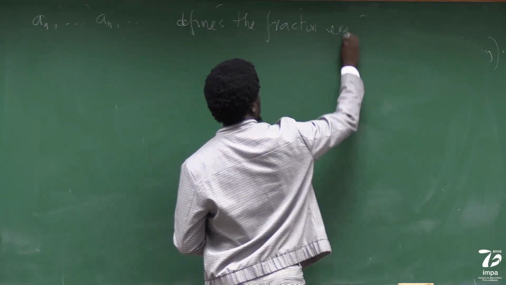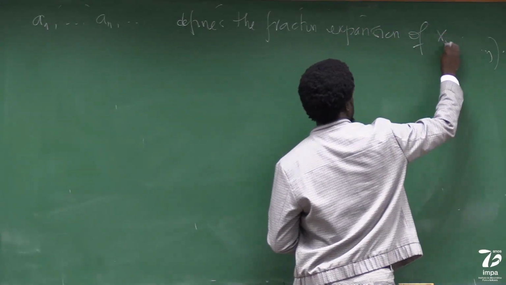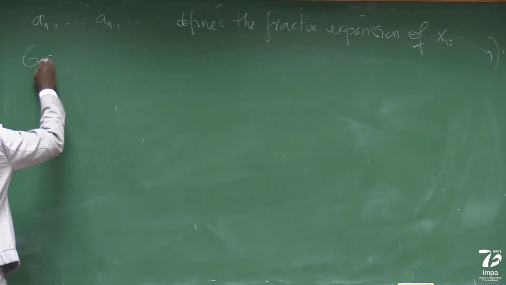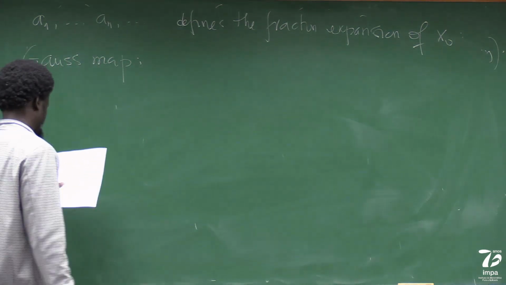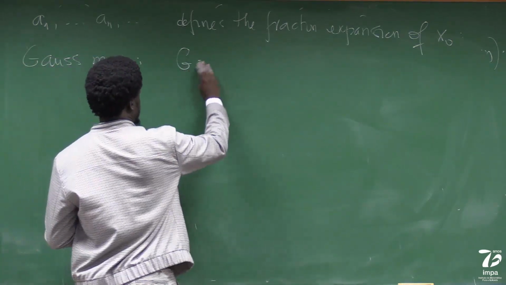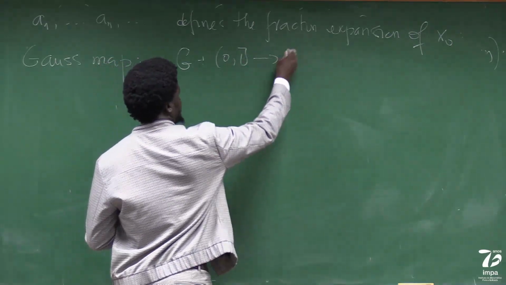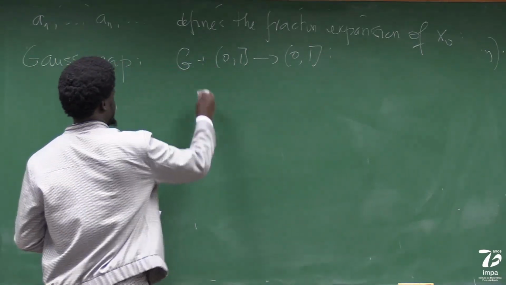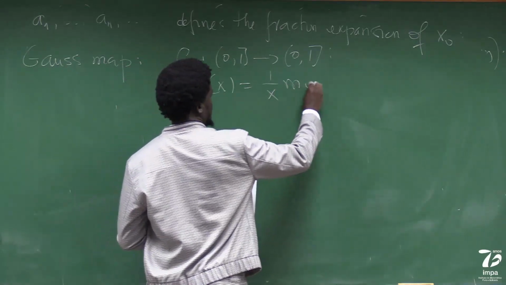Now there is a Gauss map, which is G from 0, 1 to 0, 1, that is defined by G of x is 1 over x mod 1.